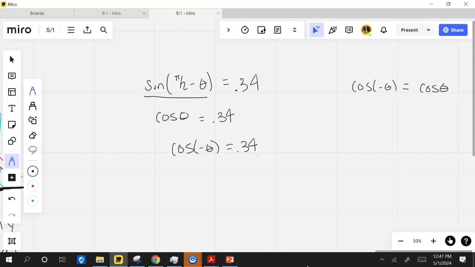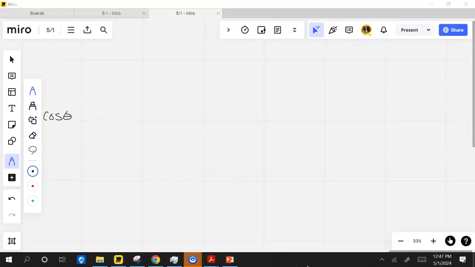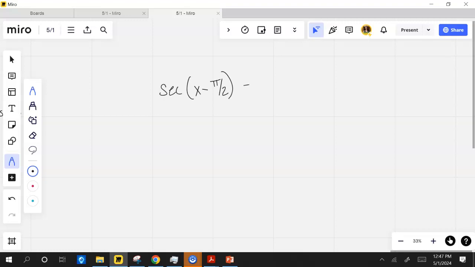All right, 11 I'm going to have to switch also. Do you see why? Do you see how it's different? So I got to take that negative out, right? So here we go. It says find cosecant x, okay?